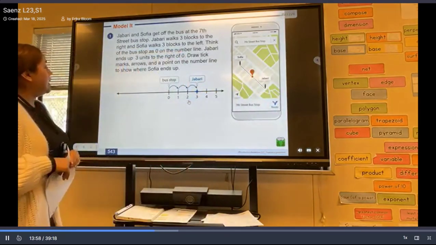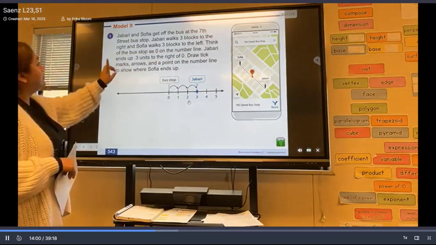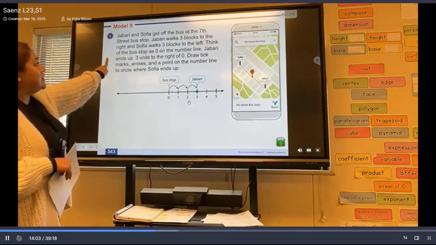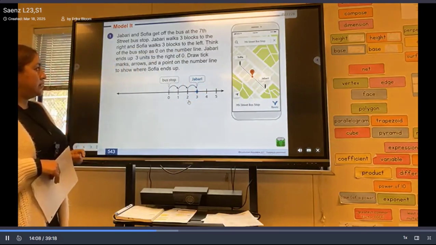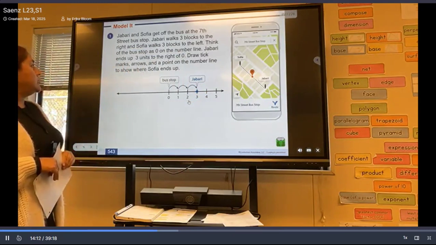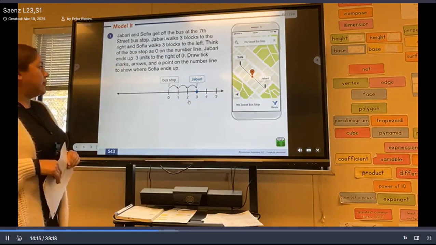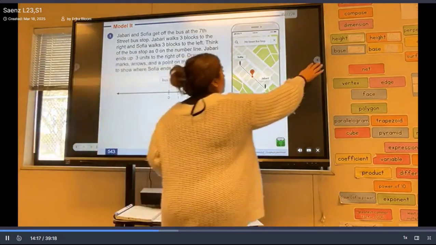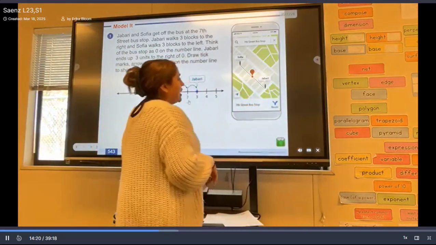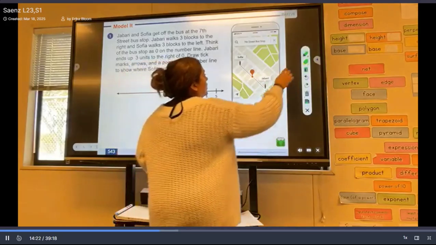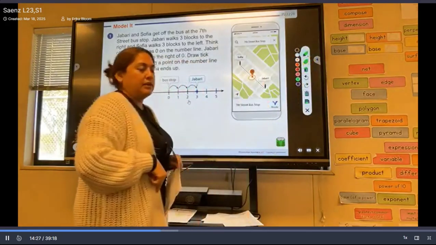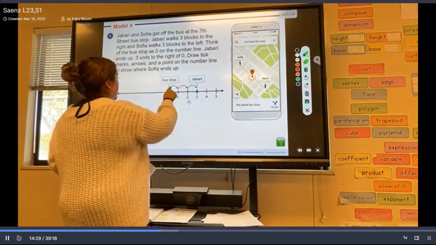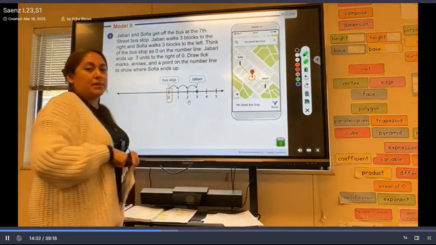Okay, then it says, think of the bus stop as 0 on the number line. Jabari ends up 3 units to the right of 0. Draw tick marks, arrows, and a point on the number line to show where Sophia ends up. So again, they're telling us that the bus stop, if we were to compare it to a number line, is at 0, right? Just like this 0 right here, and they already identified it as the bus stop.